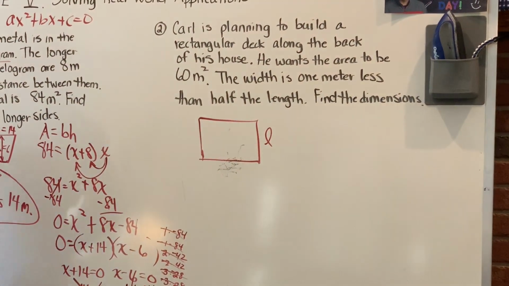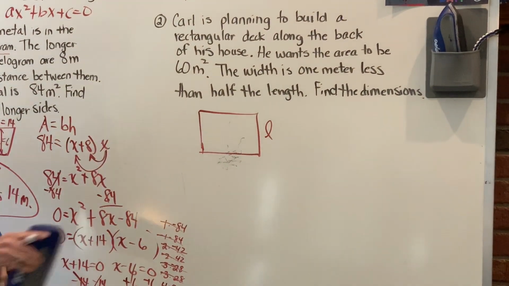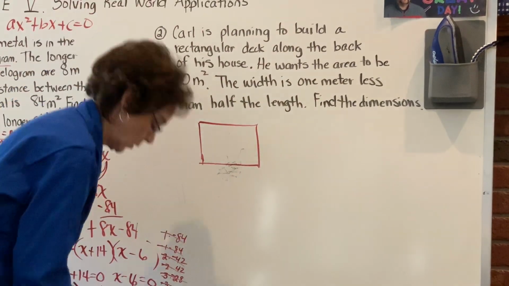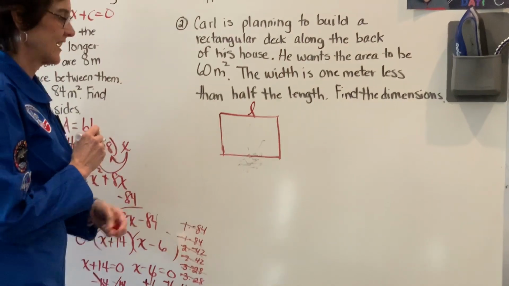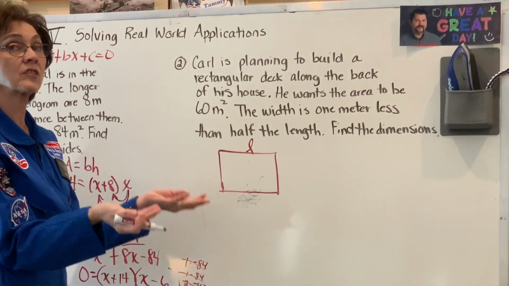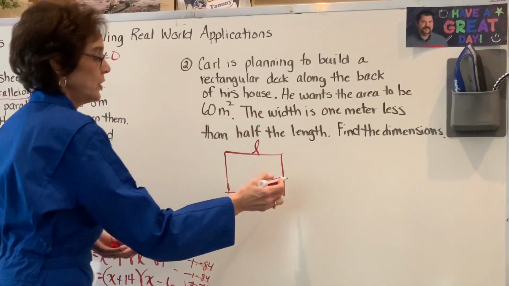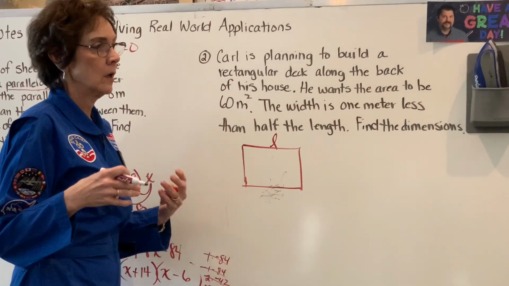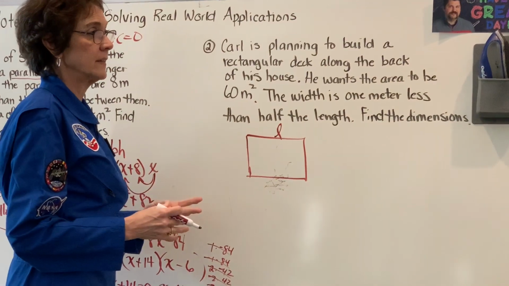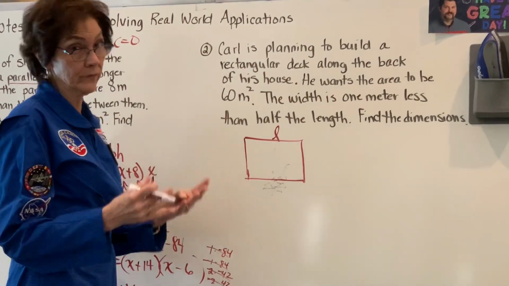So we have to erase that. We'll call the length up here, because that's the longer side. Length is the longer side, width is the shorter side. So we could put W, but we're not writing this in 2 variables. We're writing this in 1 variable.